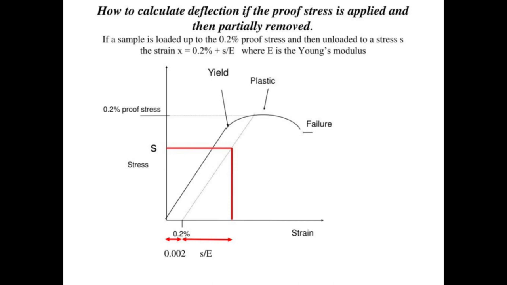After that, a plasticity state occurs, and at one stage it definitely leads to failure if we don't avoid overloading or maximum loading. So it's a sample for loading up to 0.2 percentage of proof stress and then unloading to a stress. Here is a sample of the curve between the stress and the strain from yield, plastic, and up to a failure loading.